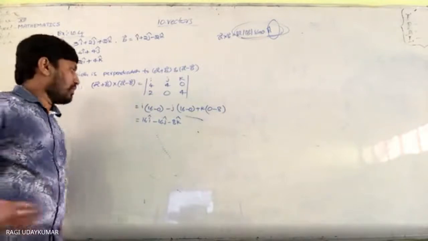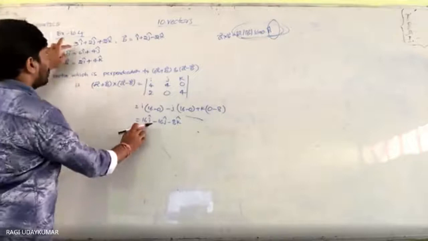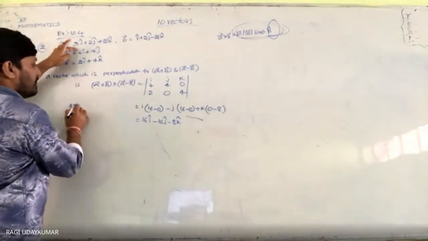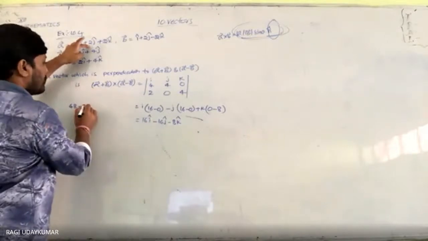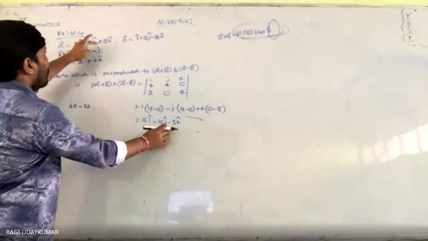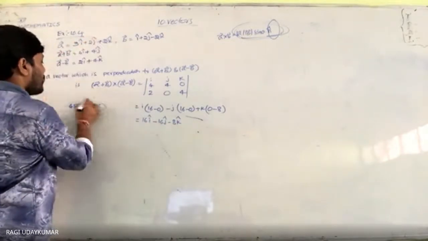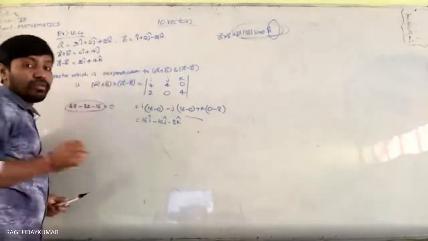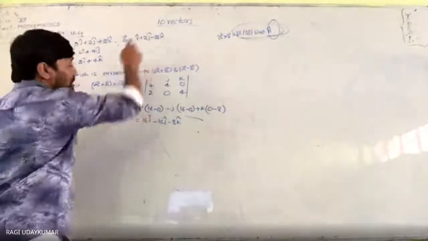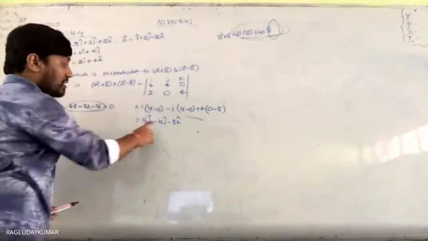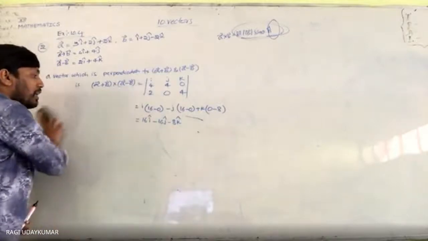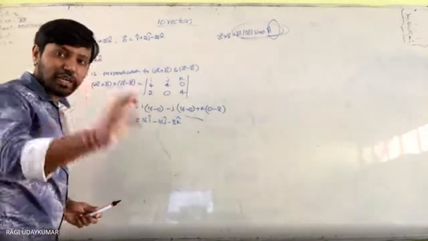We already learned this. Find the dot product of these two: 64 minus 16 minus 48, which is 0. So the dot product of these two is equal to 0, and the dot product with the other is also equal to 0. Therefore, this is perpendicular to both. The vector which is perpendicular to both the given vectors is nothing but their cross product.